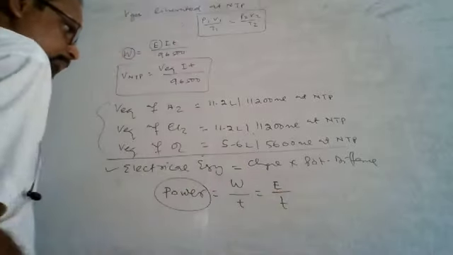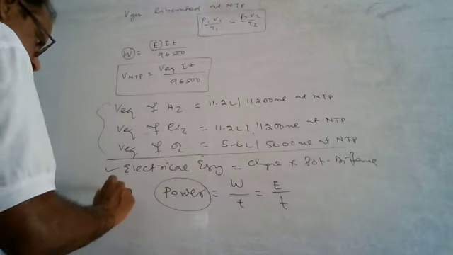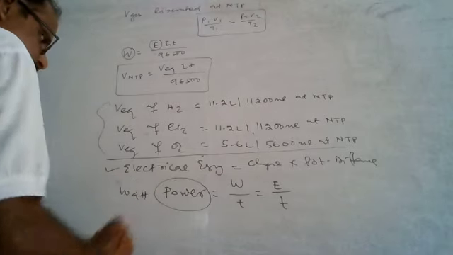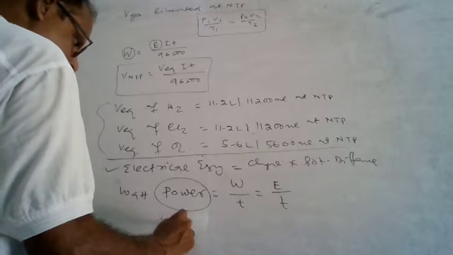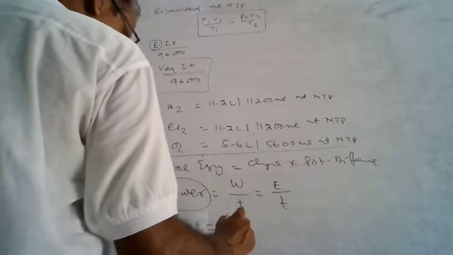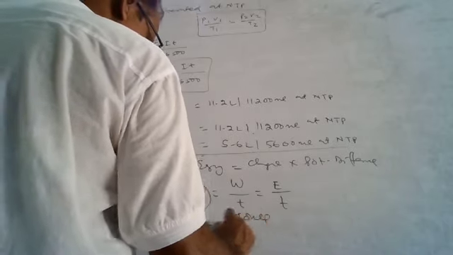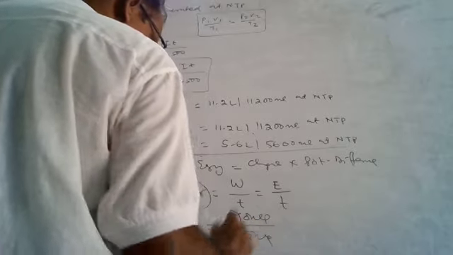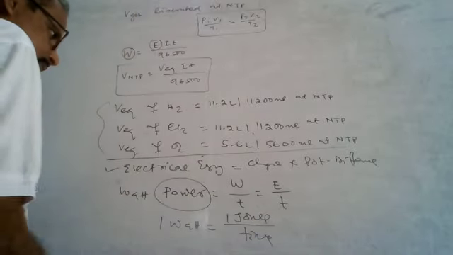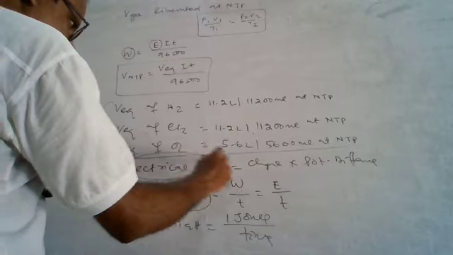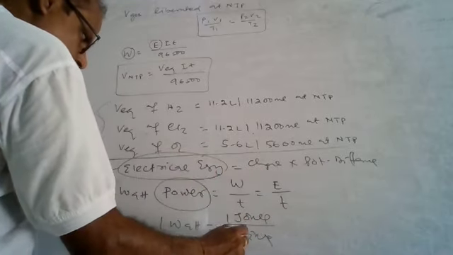So this is the power in watts. Electric power means watt, and 1 watt is equal to 1 joule per second. So in place of the electrical energy, we can put the watt into time.